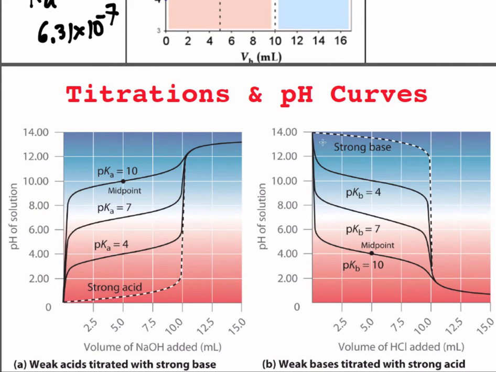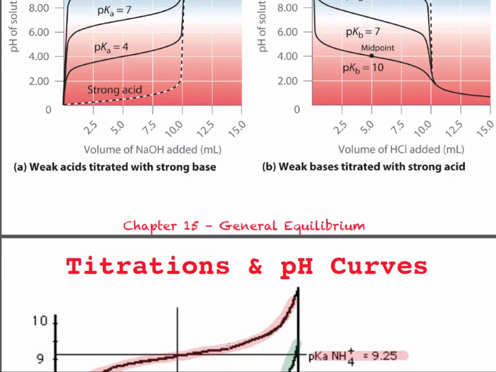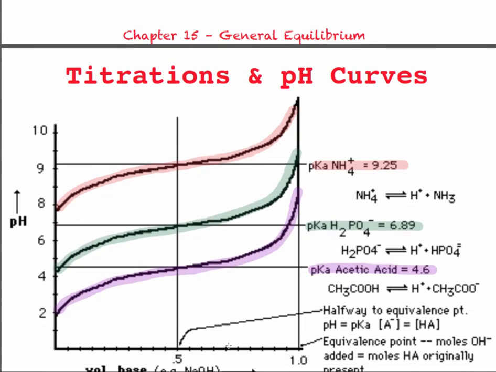Similarly for weak bases. Strong bases don't work so well, but if this is a pH of 10, the pOH is 4, 10 plus 4 is 14, and the pKb is 4, and the Kb is 10 to the negative 4. Interesting, yeah. These are some useful graphs, I really think they are.